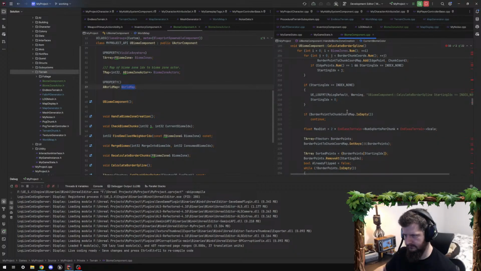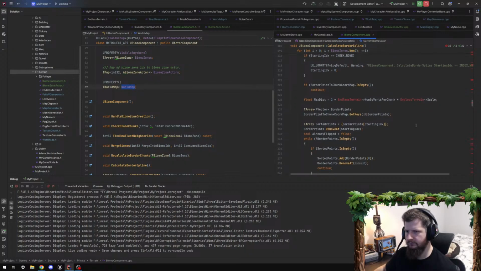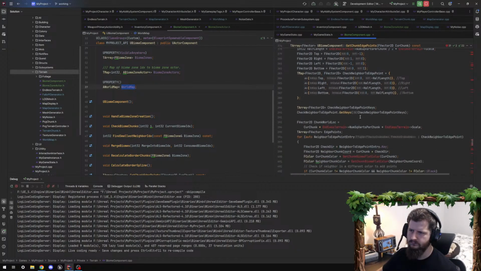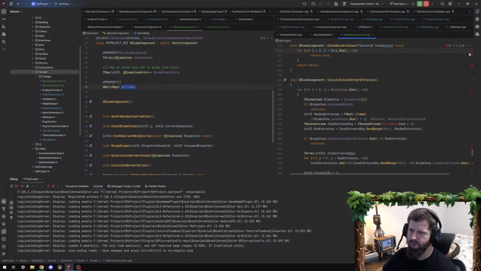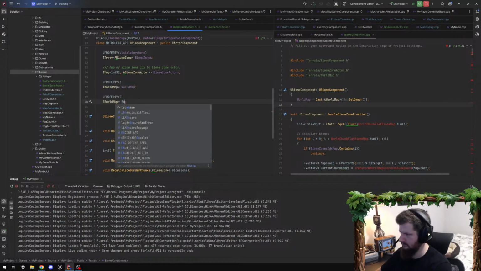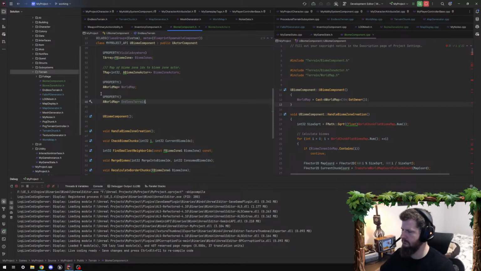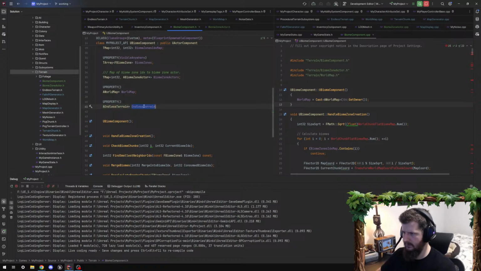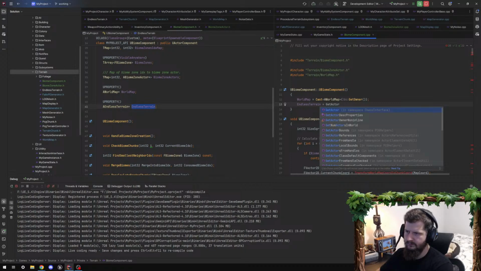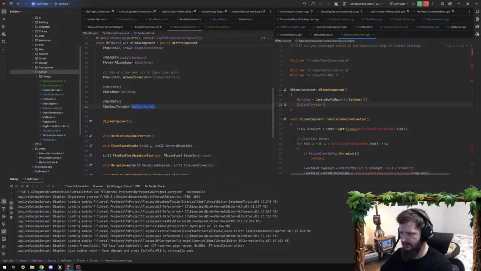Endless terrain. Need a reference to endless terrain as well. Okay, let's set that up, and I think I can probably just... Is there a U-Kismet again?